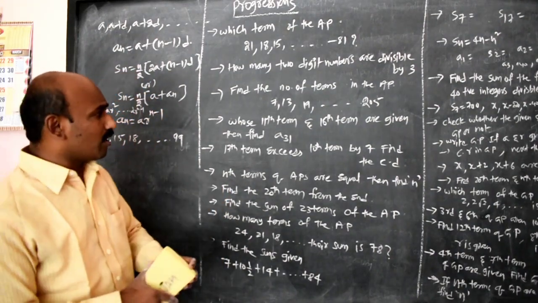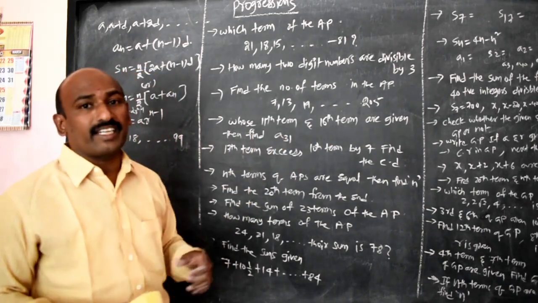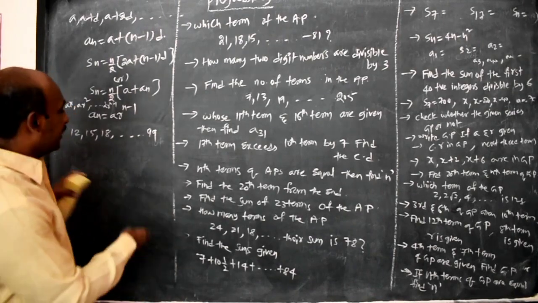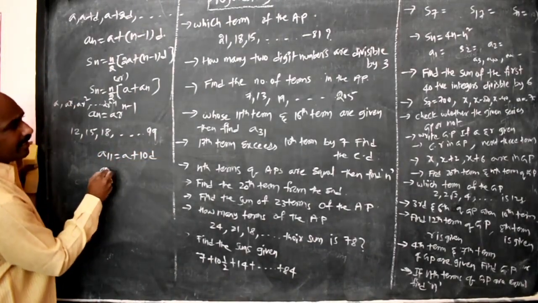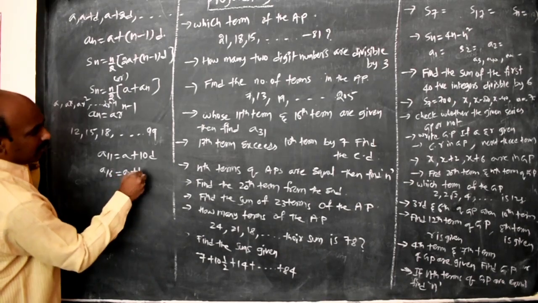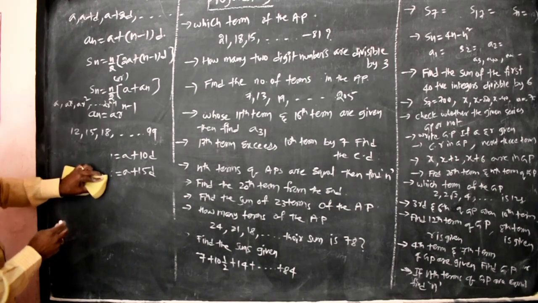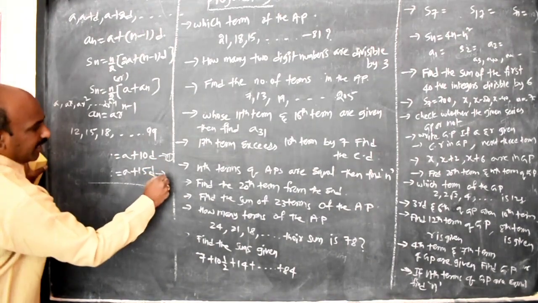And next one more concept: the 11th term is given and the 16th term is given, then find the 31st term. By using the nth term formula, a11 is nothing but a + 10d and a16 is nothing but a + 15d. Here a11 and a16 are given, and we can use the elimination method, this is equation 1 and equation 2.